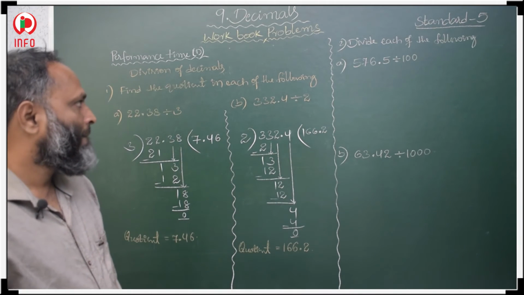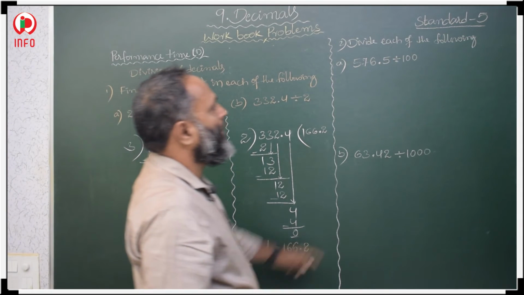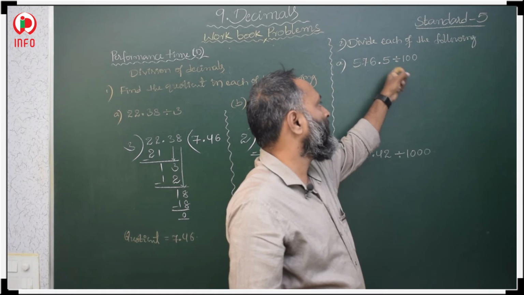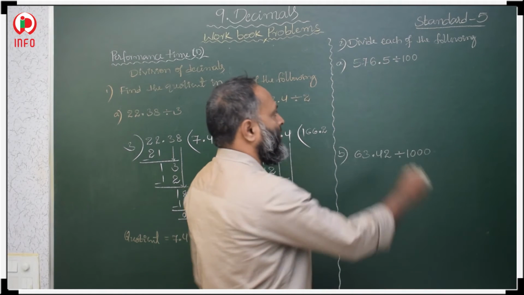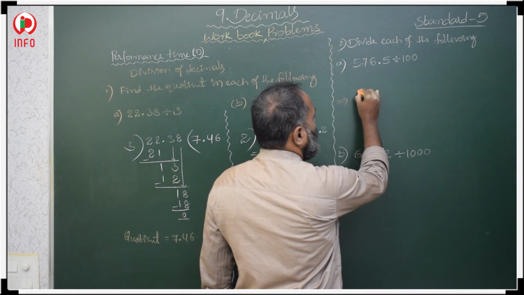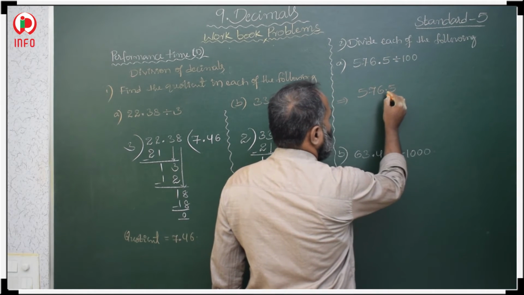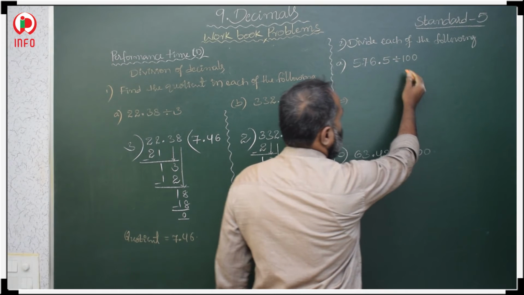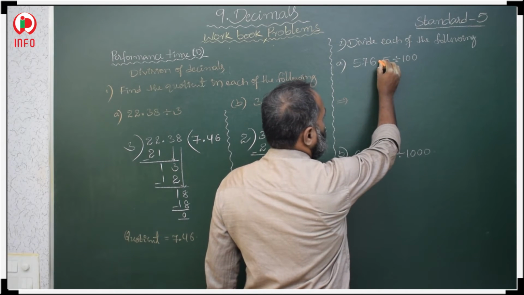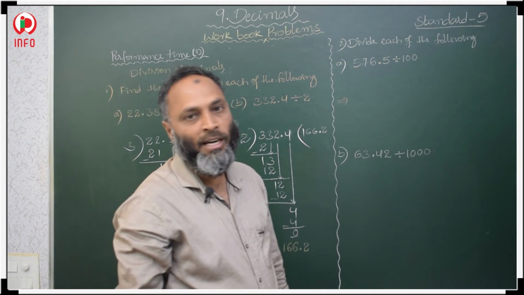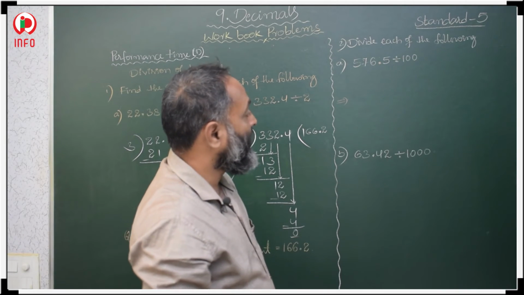Okay. Now here, divide 576.5. When we divide with 100, then what happens? The decimal point will move 2 places, right side... no, left side.